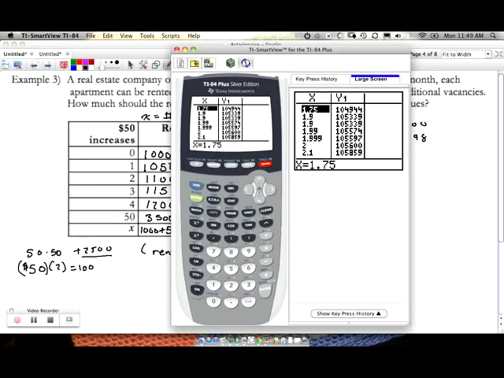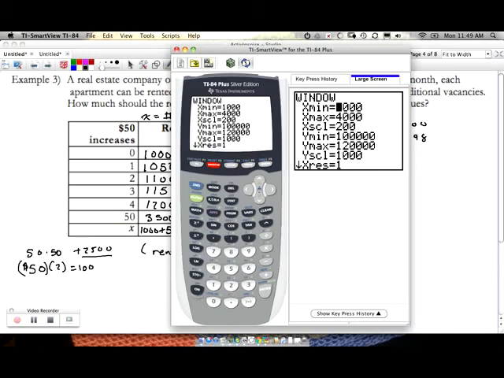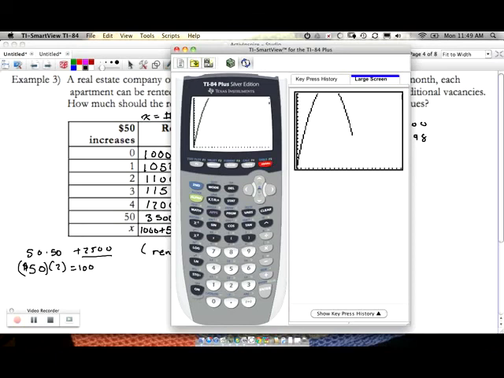Oh, that's right. X doesn't start out at 1,000. X is the number of $50 increases, so we're only doing up to 50. That's why we're way off. We need to go from about 0 to 50, and we can increment by 2, because x doesn't represent the rent. It represents the number of $50 increases.